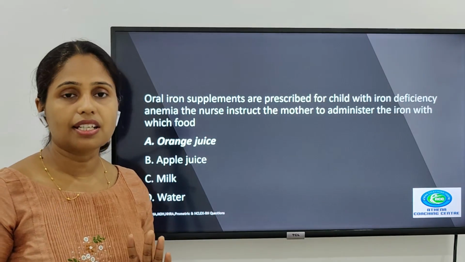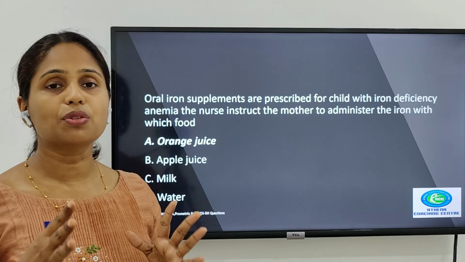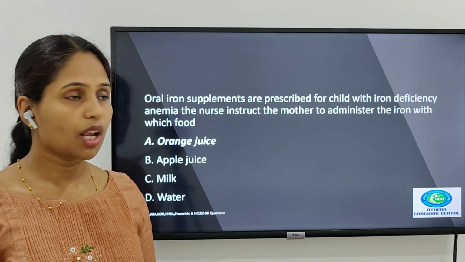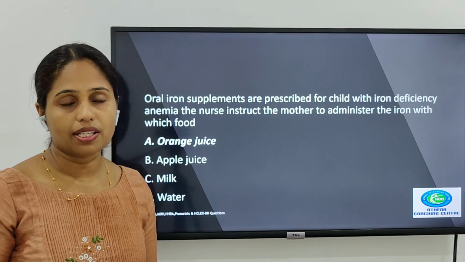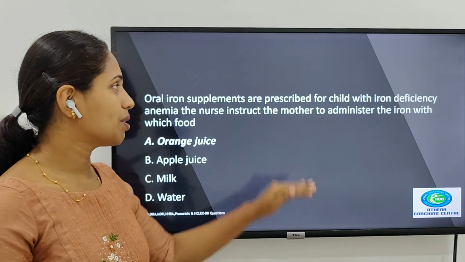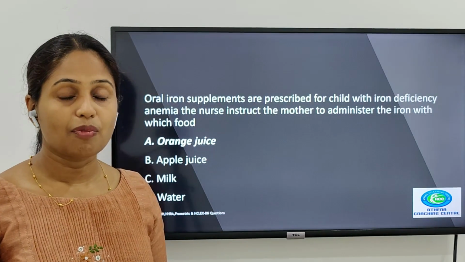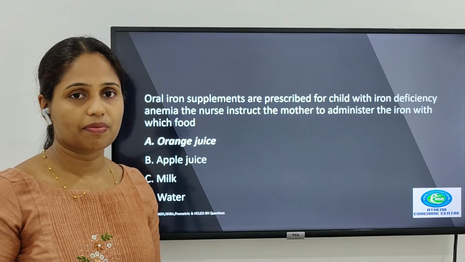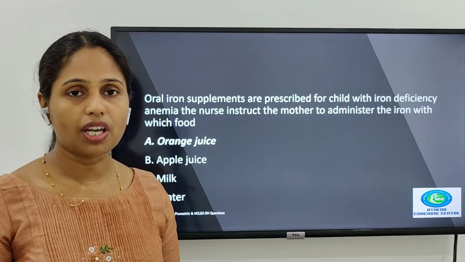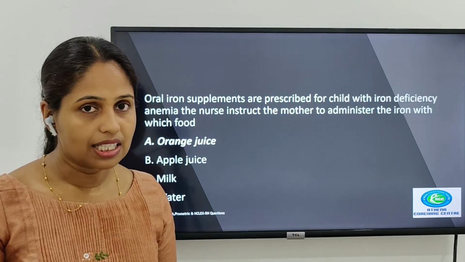You have to remove the wrong answers first. For that, you have to be very clear about the meaning of the question, its content, its context, and the keyword of the question.